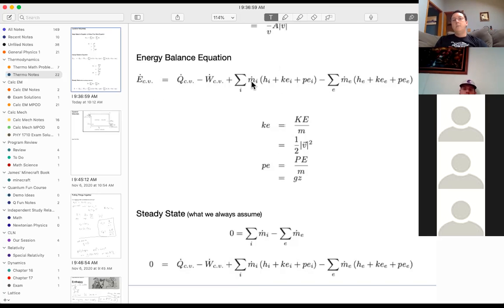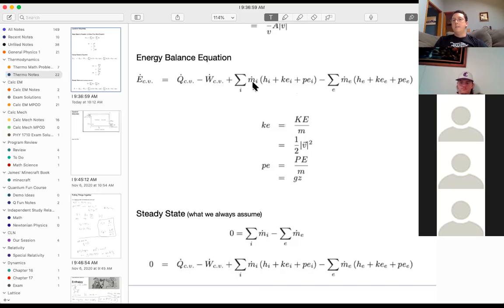You notice that each of those is an m dot times the intensive quantity. The things in parentheses are intensive quantities, so you would call these specific enthalpy, specific kinetic energy, and specific potential energy. All of the time dependence is concentrated in the m dots. These are just going to be constant fixed numbers for us.